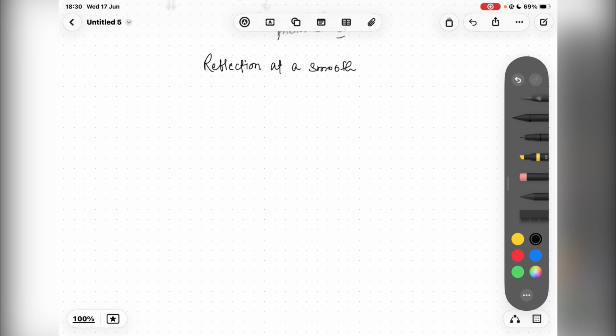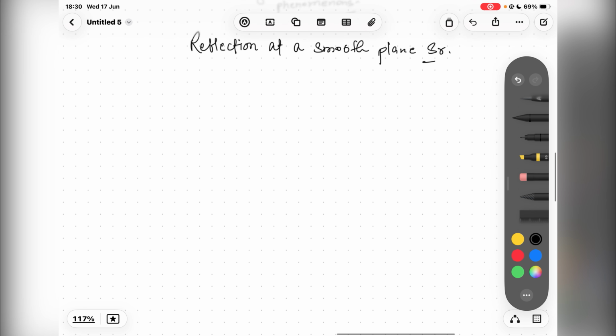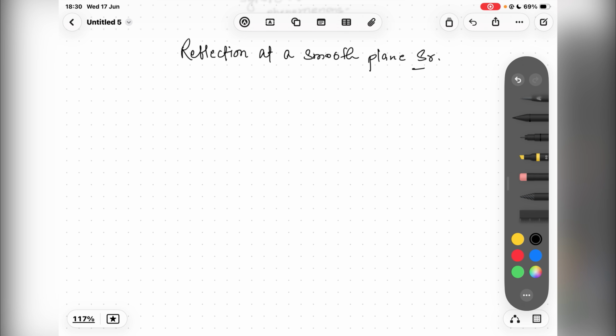Smooth plane surface. Now we all know that no surface is 100% smooth or 100% elastic. In that case, 100% reflection also is not possible.